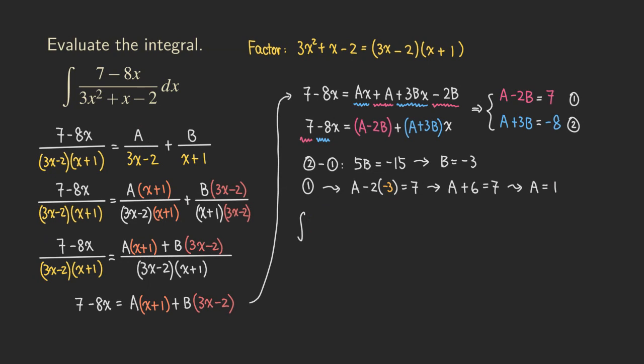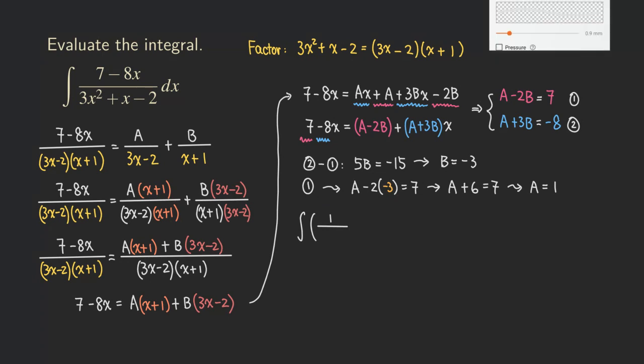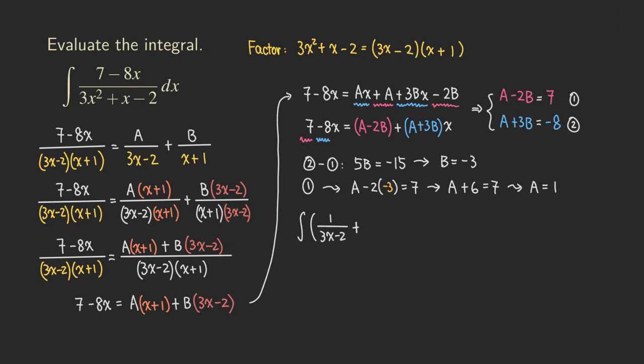So our integral becomes 1 over 3x minus 2 and then plus. Now there is a b. The b is actually negative 3, right? So we get negative 3 here. And then in the denominator is x plus 1.